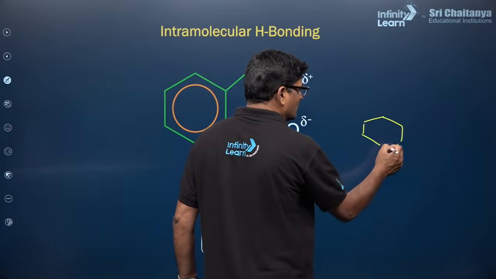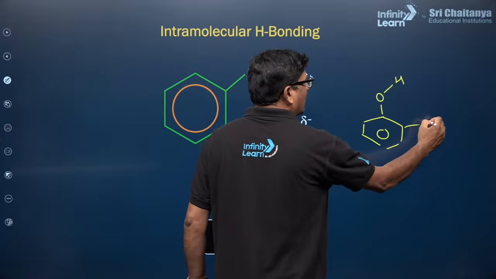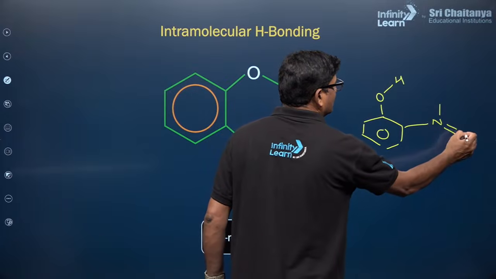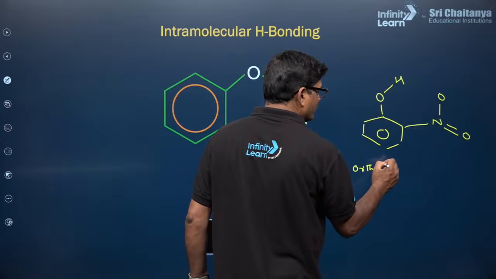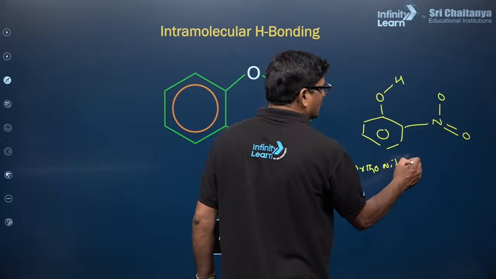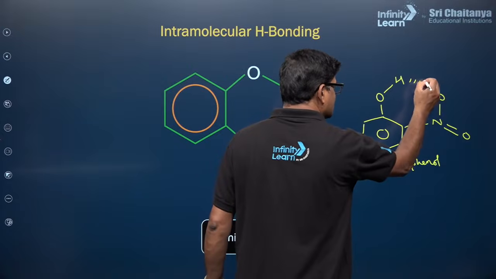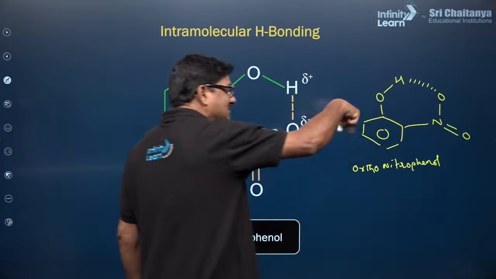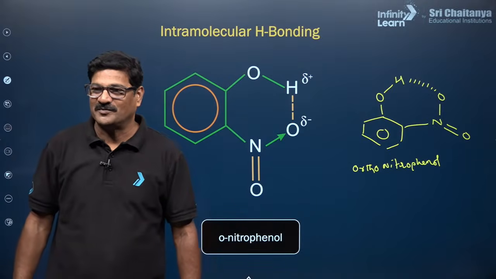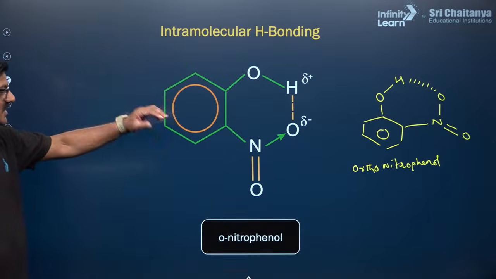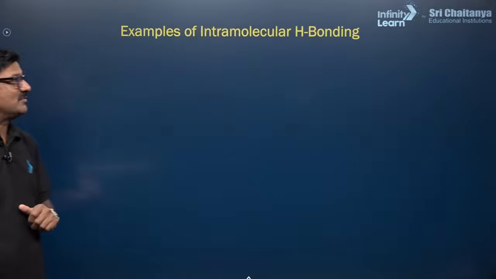This is your phenol OH, and the nitro group is here like this, ortho-nitrophenol. And there is a hydrogen bond here. Within the molecule, hydrogen bonding is seen. Are you getting or not? Surya Pratap. So this is called intramolecular hydrogen bonding.